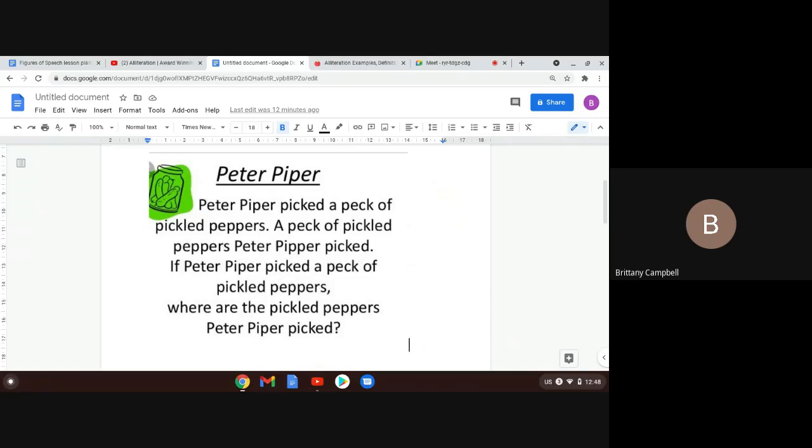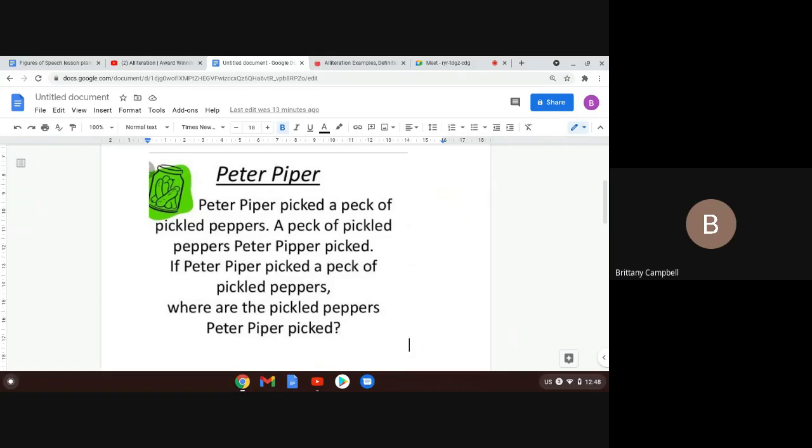All right. So it says Peter Piper, right? Peter Piper picked a peck of pickled peppers. A peck of pickled peppers Peter Piper picked.